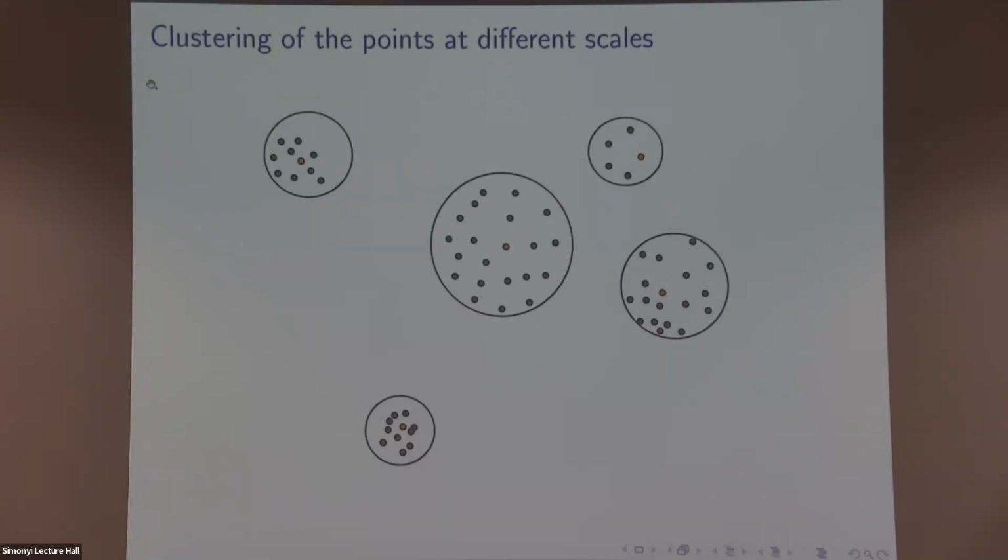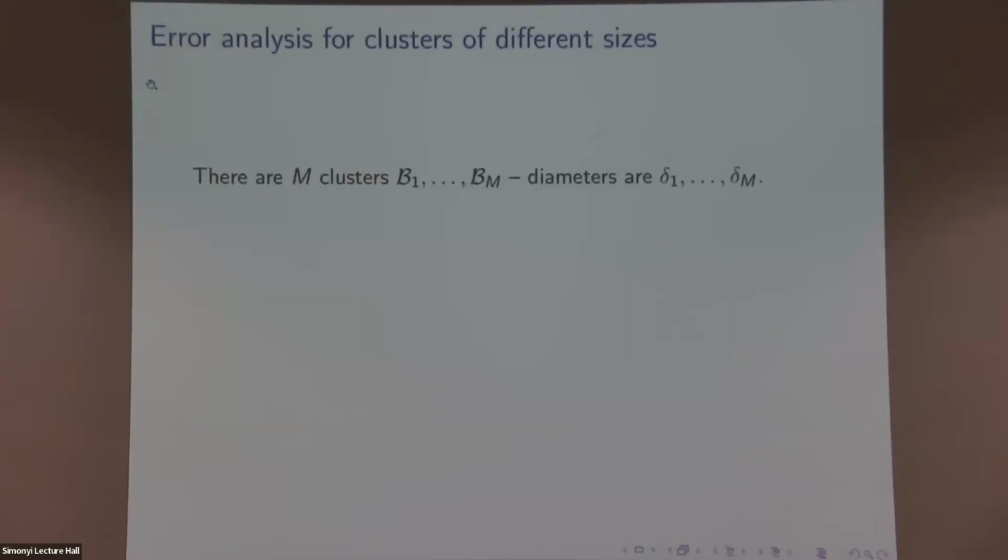So suppose you have clustered your points at different scales, delta 1, delta 2, delta m. What is the total error you would pay? And what is the error we are talking about? Let's recall. You have m clusters, B1 to Bm, with diameters delta 1 to delta m. In each cluster, we are approximating the sup of the Gaussian process over the cluster by a single Gaussian plus a suitable constant.